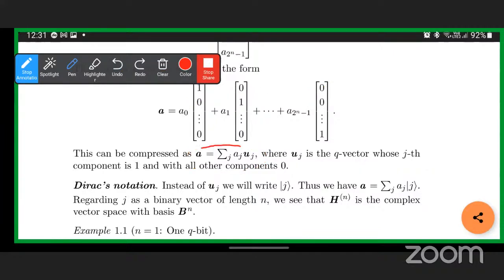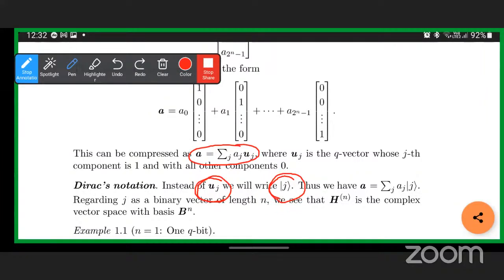So this A can be written in compact form as a linear combination of these Q vectors. And instead of writing uj, this Q vector, we write it using this notation.